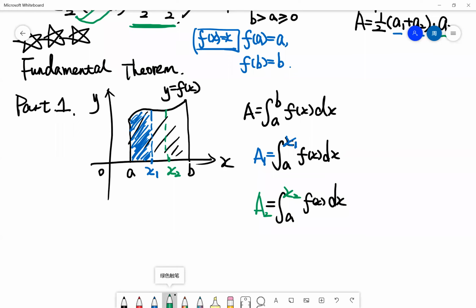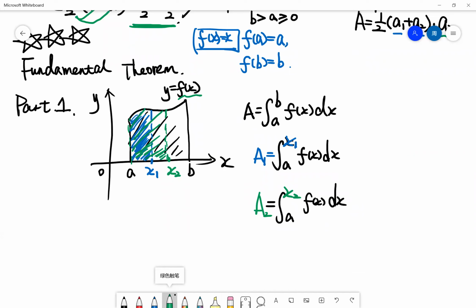So you will find that A2 is the region between the x-axis and the function f of x, and the line x equals a, and the line x equals x sub 2. So this part is the area.